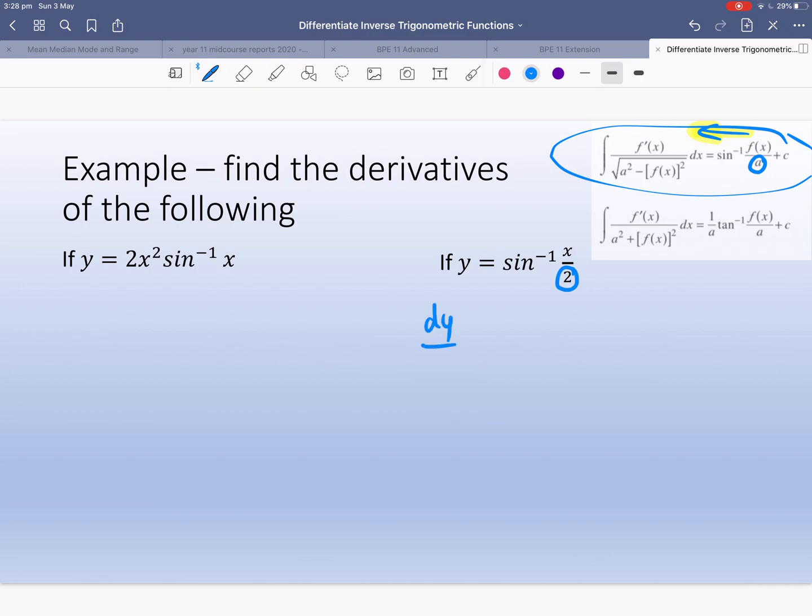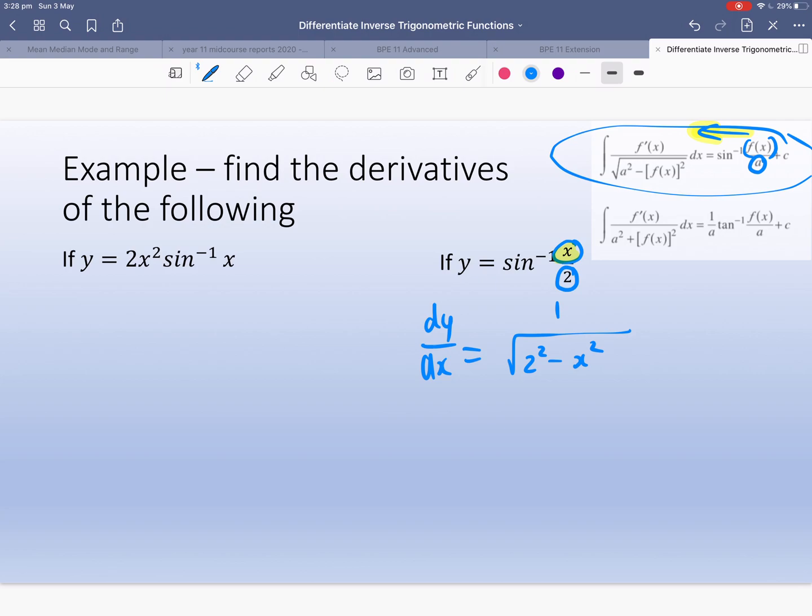So dy dx, well, that's 2, so that's going to be 1 over the square root of 2 squared minus f of x, the thing at the top, so that's x, isn't it? So it's going to be x squared, and then f dash x. The thing at the top of this is x, and the derivative of that is just 1, okay?